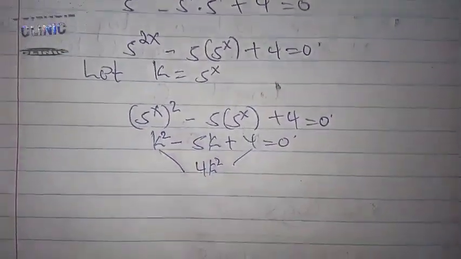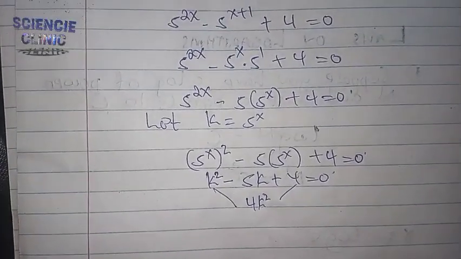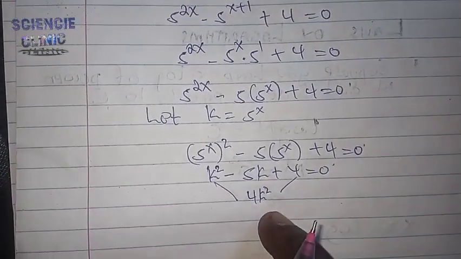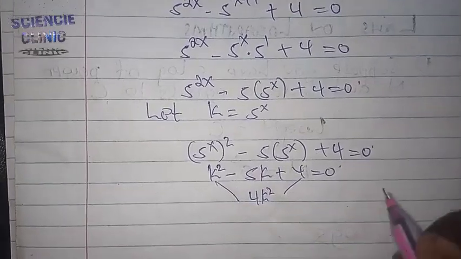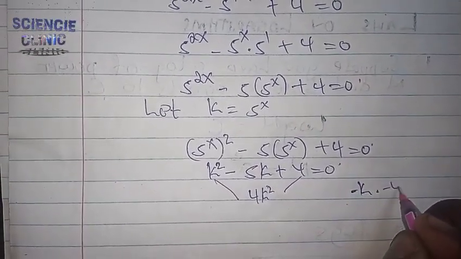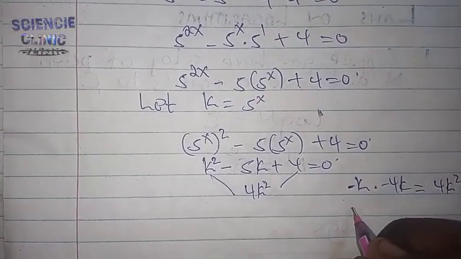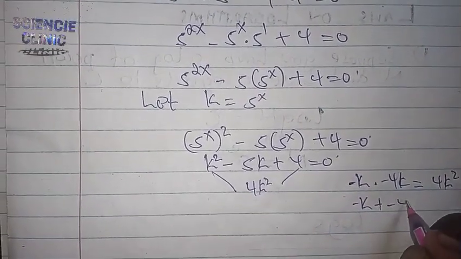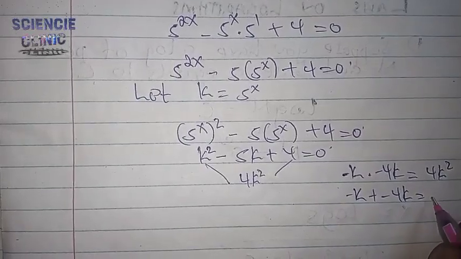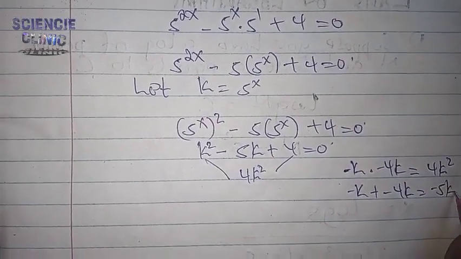Now look for numbers which you can multiply, and when you add you get that automatically. That is negative k times negative 4k. If you multiply, you are getting 4k squared. But if you add, you get negative 5k.